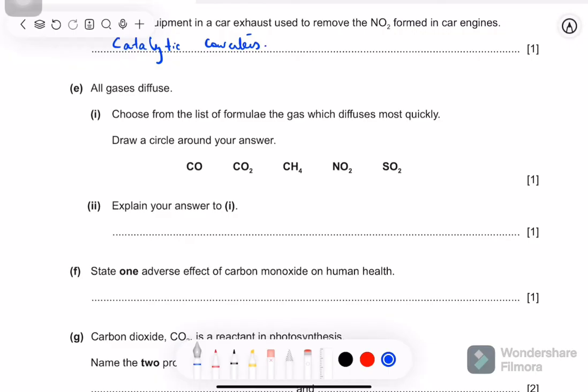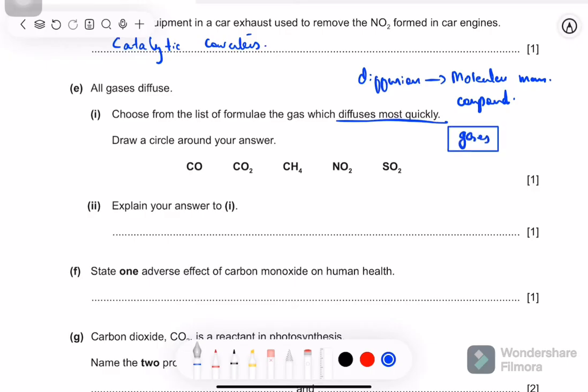Next question. All gases diffuse. Choose from the list of formulae the gas which diffuses most quickly. So this is a frequently occurring question. You just have to remember that diffusion depends on the MR, the molecular mass of any compound, in this case gases. Mostly you have the question related to gas.